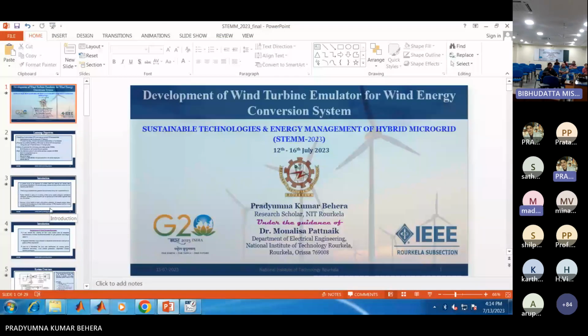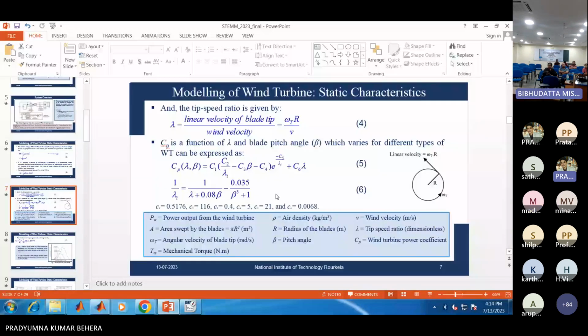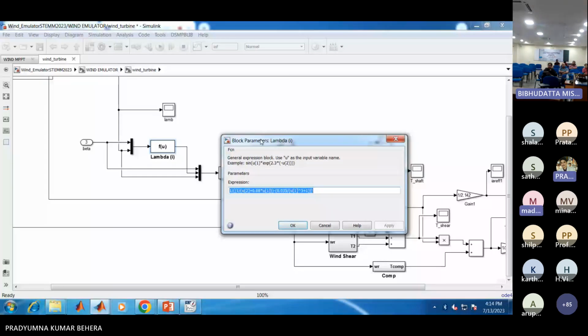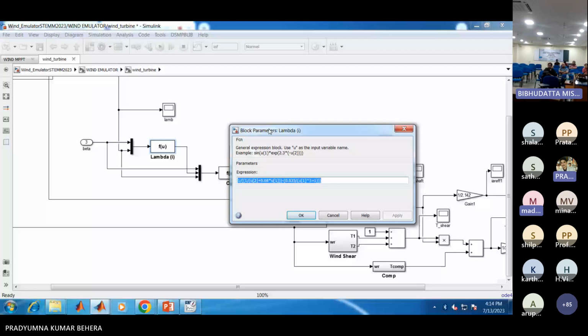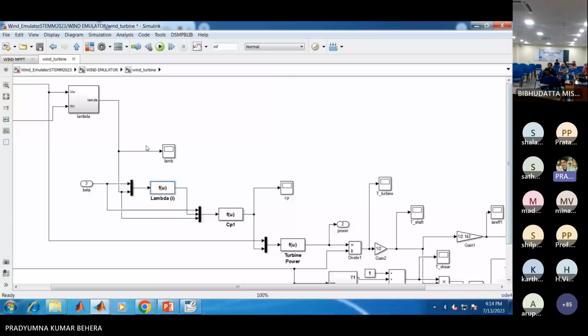So 1 upon lambda I is equal to 1 upon lambda plus 0.08 beta, minus 0.035 over beta cube plus 1. This equation is modeled here. We have two inputs here, one is beta and the other one is lambda, and using the mathematical function we have represented 1 upon lambda I.